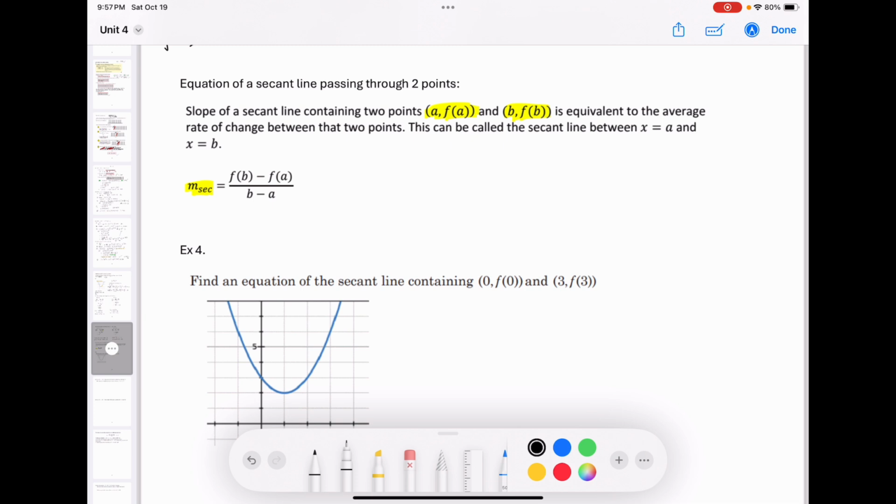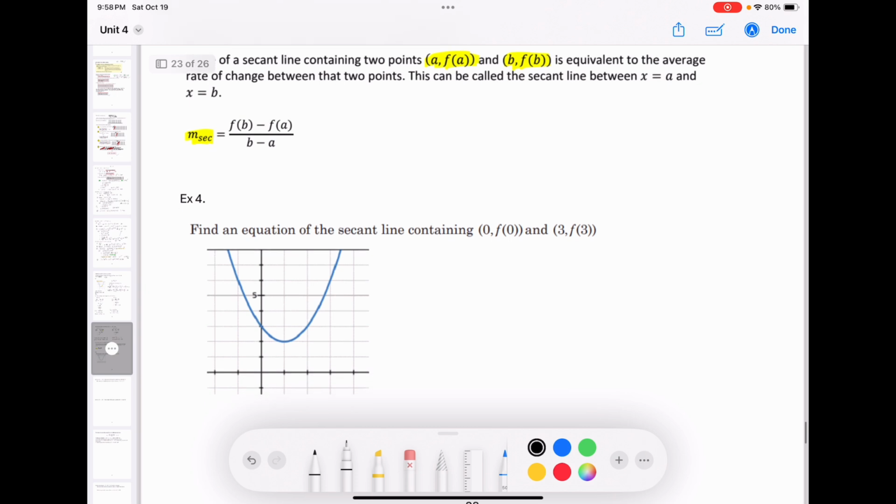This can be called the secant line between x is equal to a and x is equal to b. So m secant, or slope of a secant line, is f of b minus f of a divided by b minus a. It's very similar to the previous examples.